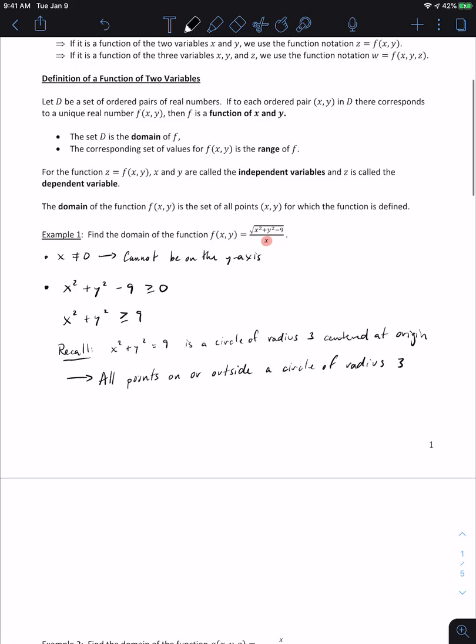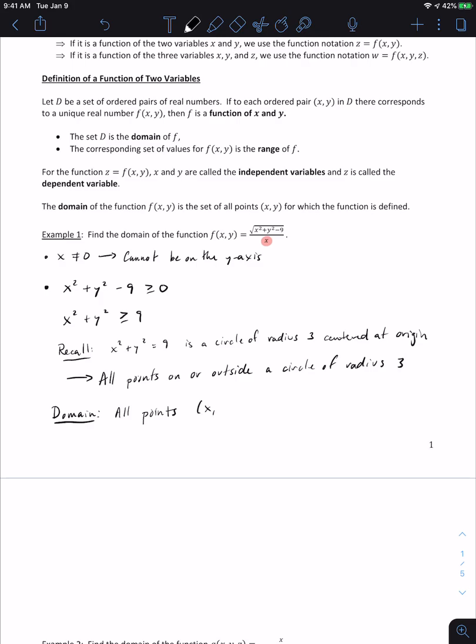Right? So if I'm going to write what my domain is, I'm going to write it out in words, and then I'm going to write it out as it should look in set builder notation. So my domain here is going to be all points, because again, my domain is not just x values or not just y values, it's x and y values.